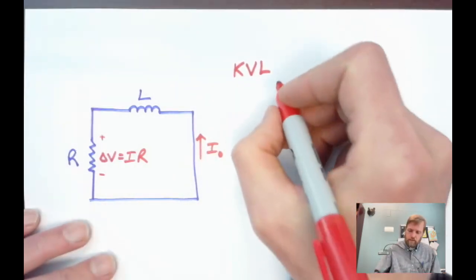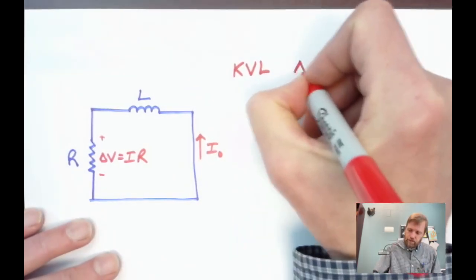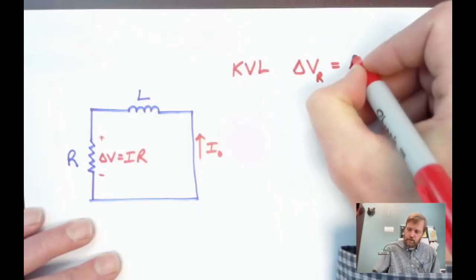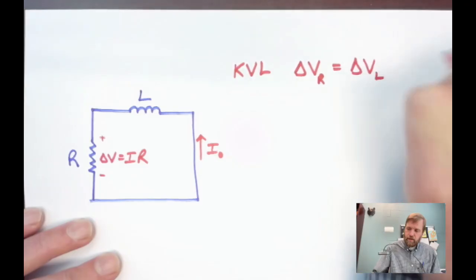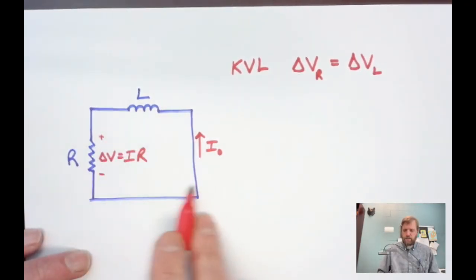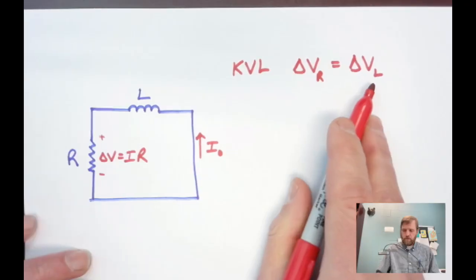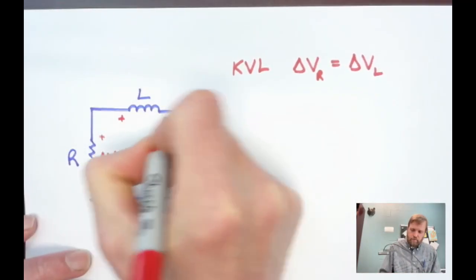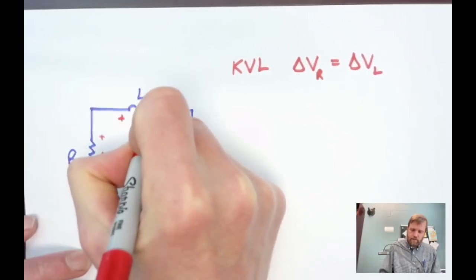Or we could say that delta V of the resistor has to equal delta V of the inductor, because they have to go up and then down the same amount. We'll label this one as plus minus delta V of the inductor.